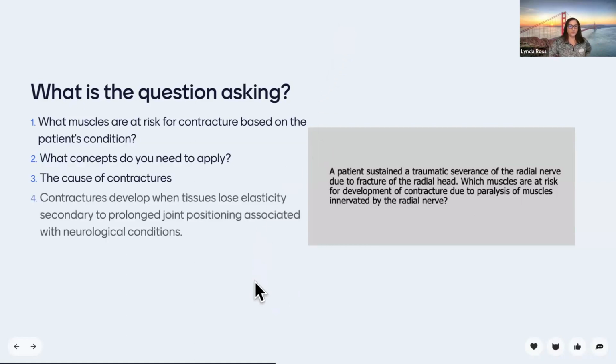So the cause of contractures. We know that contractures develop when tissues lose their elasticity because of prolonged joint positioning. And I'm going to just throw this in because it is associated with neurologic conditions, and it can be a musculoskeletal problem too, like something compressing a spinal nerve root.